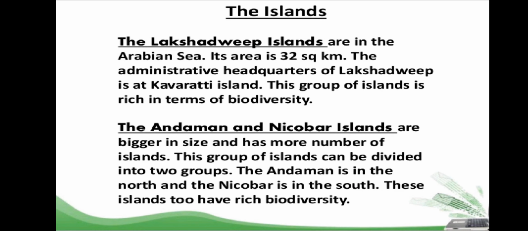That's why these islands are called coral islands. They live only in shallow warm waters. Many of these islands are in ring shape or horseshoe shape, called atolls. These islands are located in the warm water of the Arabian Sea.